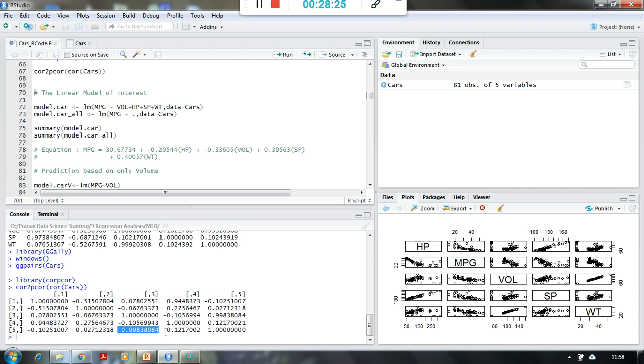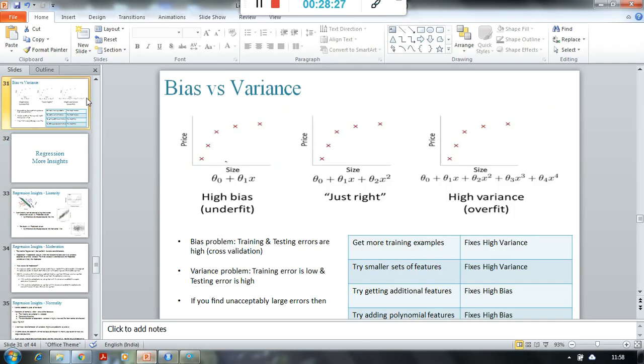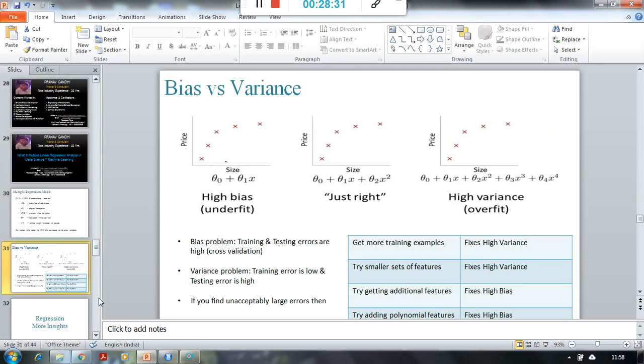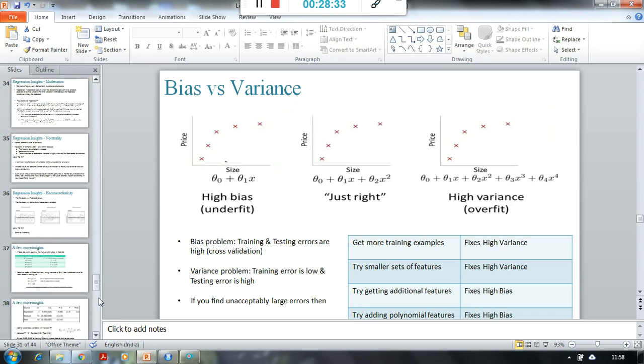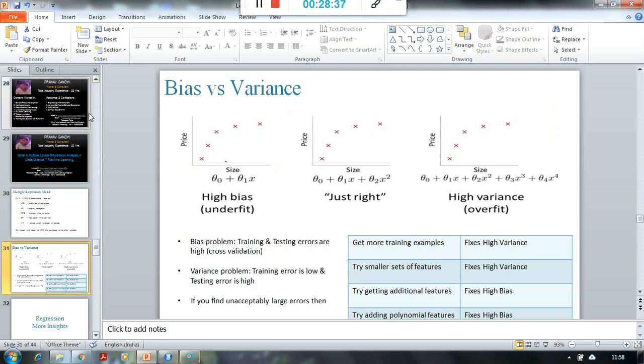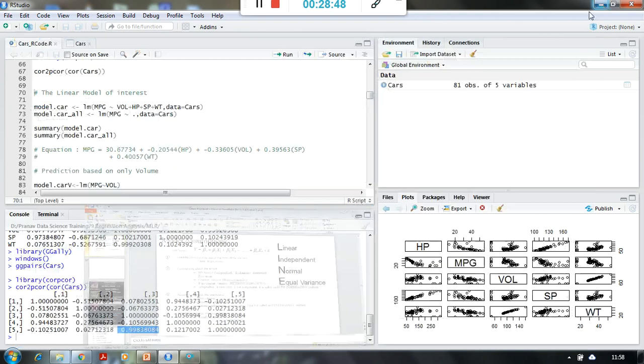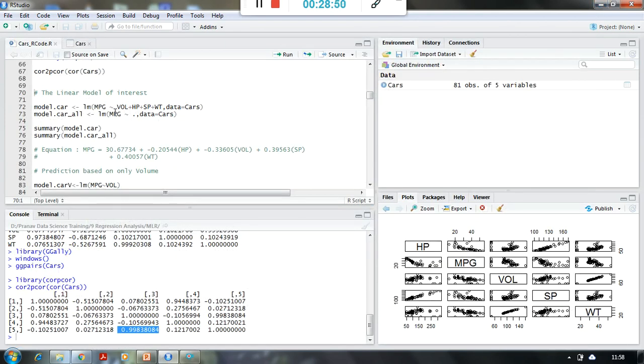So our model assumption says that my predictors should be linearly independent of each other. If they are not, then there is a collinearity problem. So what we are facing over here is a collinearity problem between volume and weight, HP and SP.